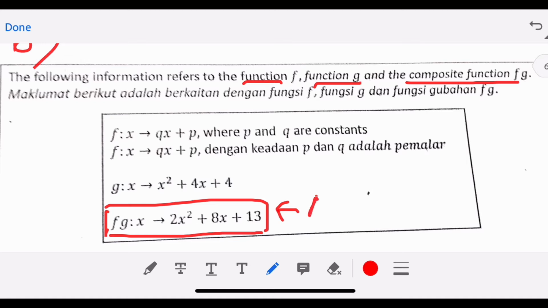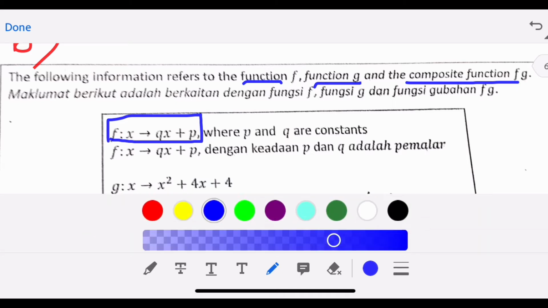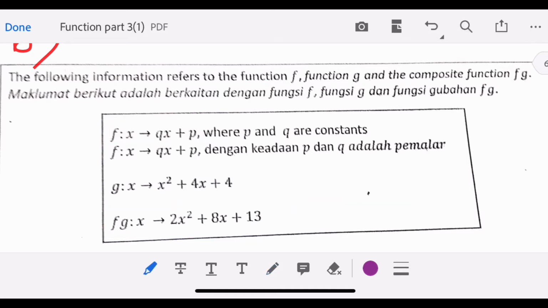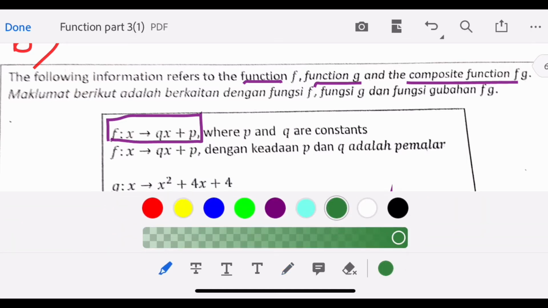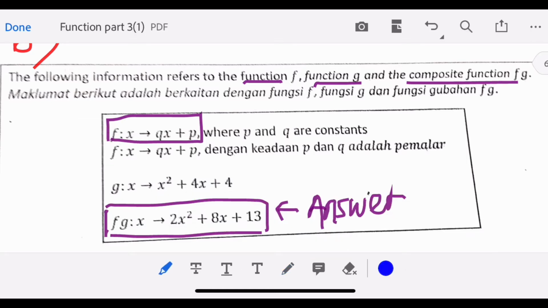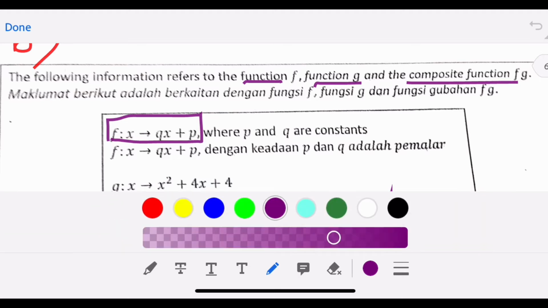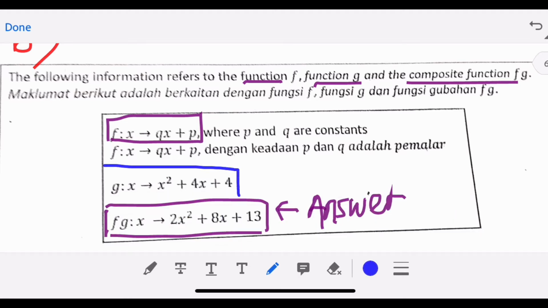This is actually your answer. The answer was given. So you work from where? You work from f and then g, right? That means you work out on your own the function which is the so-called composite function, right?